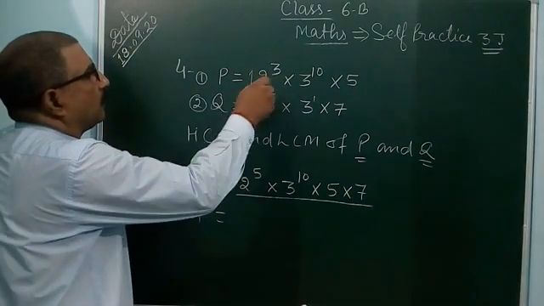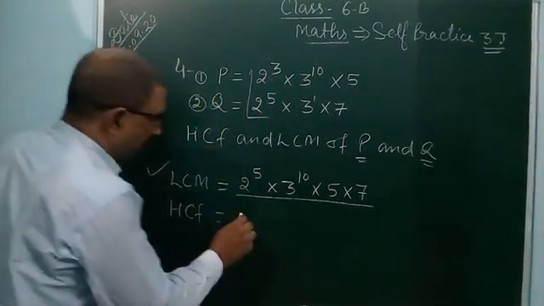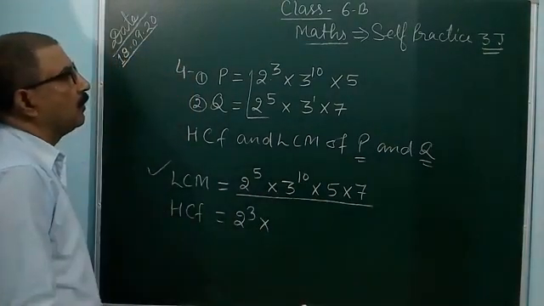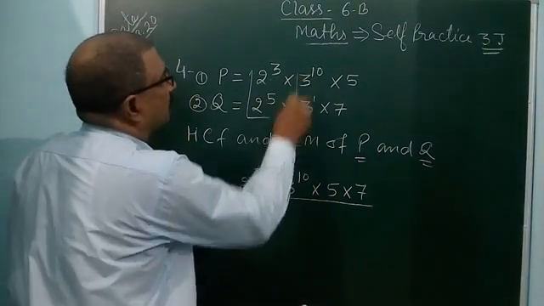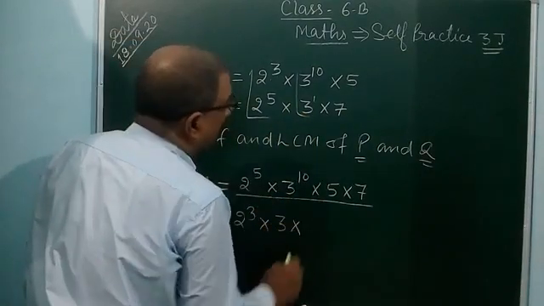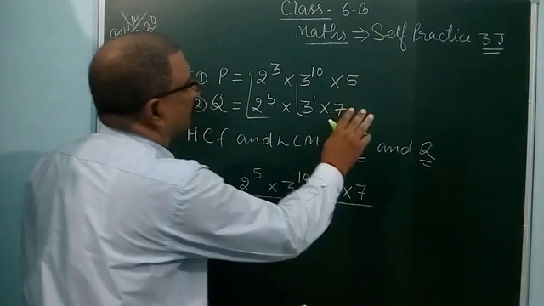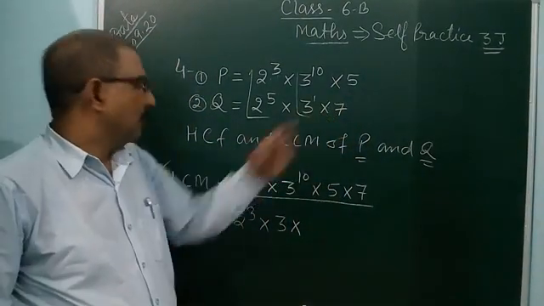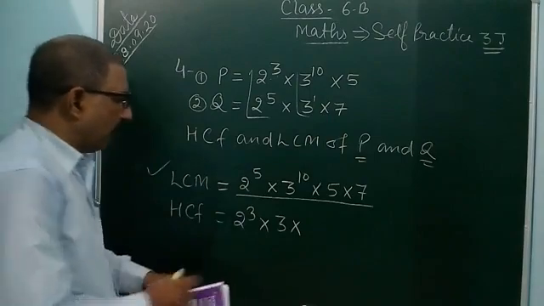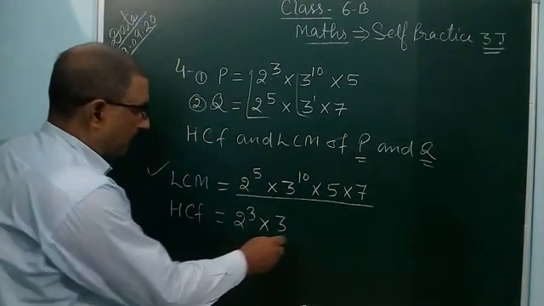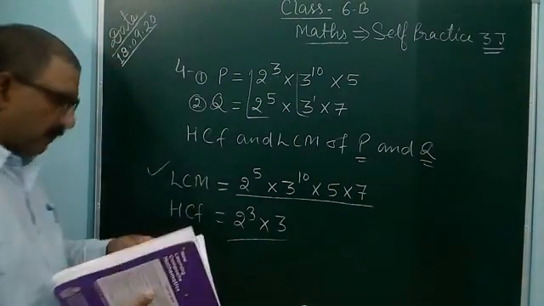So you choose the lowest power, 2 to the power 3, into 3, which is common here, with the lesser power. There is no common 5 or 7, so you have only 2 to the power 3 into 3. This will be the SCF of the numbers.